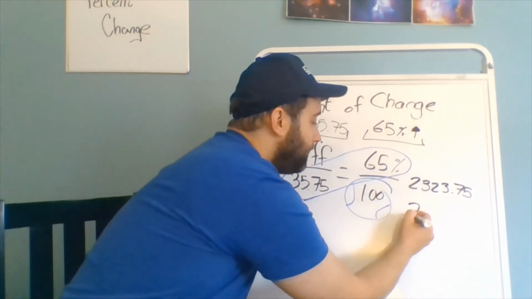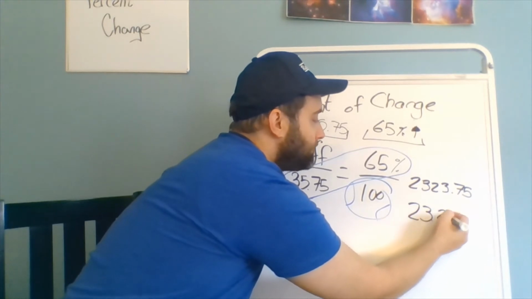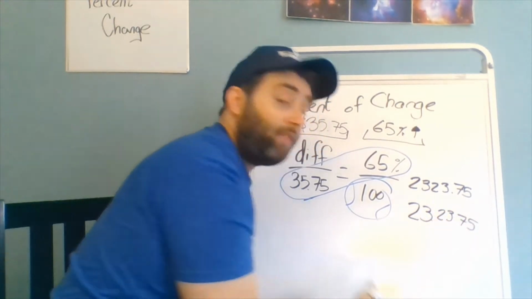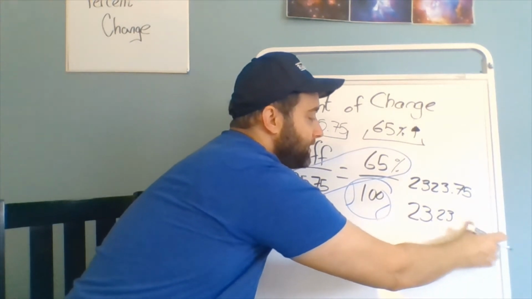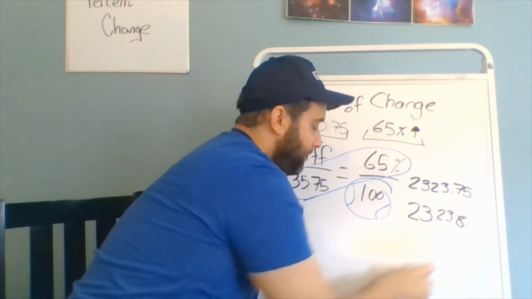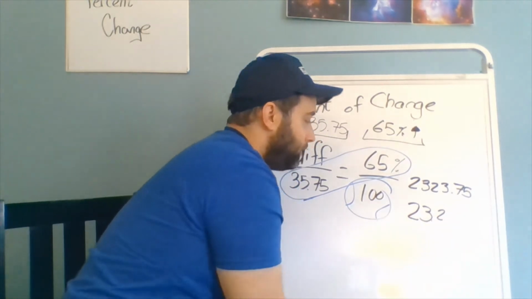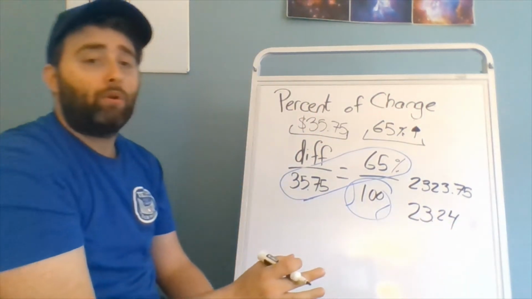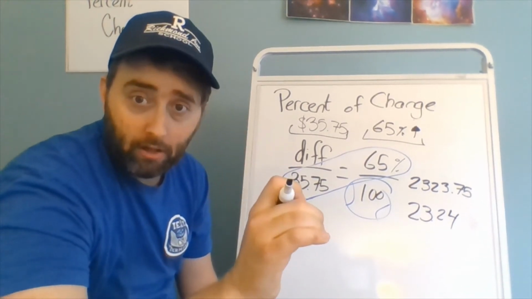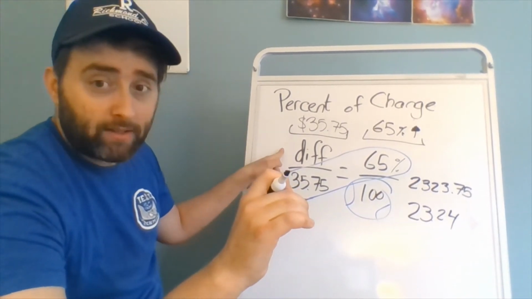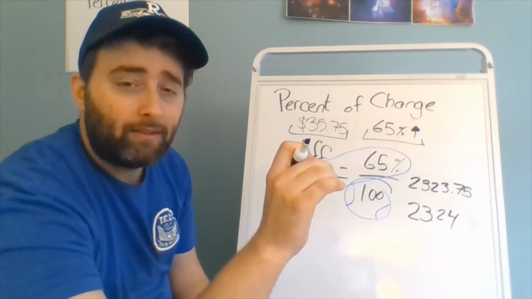That gets me 23.2375, and I can round that from there. 5 or above, give it a shove, makes this an 8, and the 8 makes that a 4. So now I have $23.24. That's the markup. That's the difference.